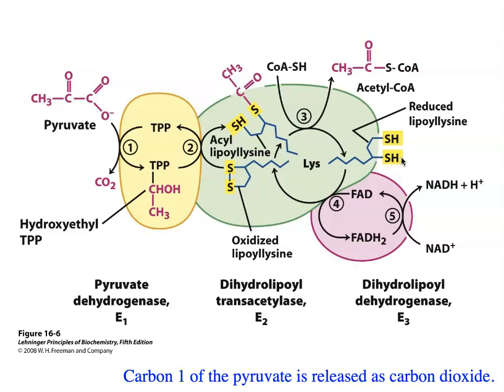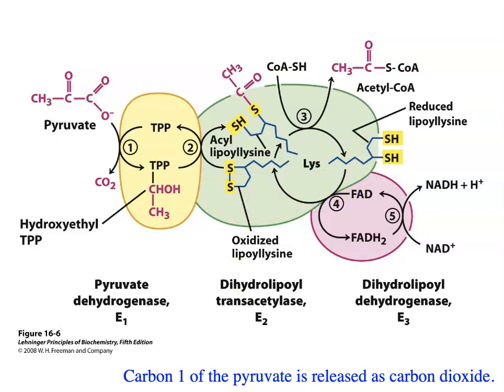So the way this is done is described here in reaction 4, where two hydrogen atoms and an electron pair are taken from the fully reduced lipoyl lysine and transferred to FAD, reducing it to FADH2, while the fully reduced lipoyl lysyl becomes fully oxidized.